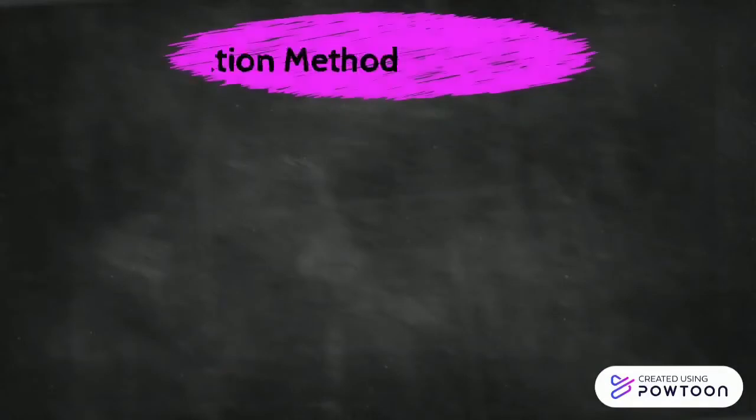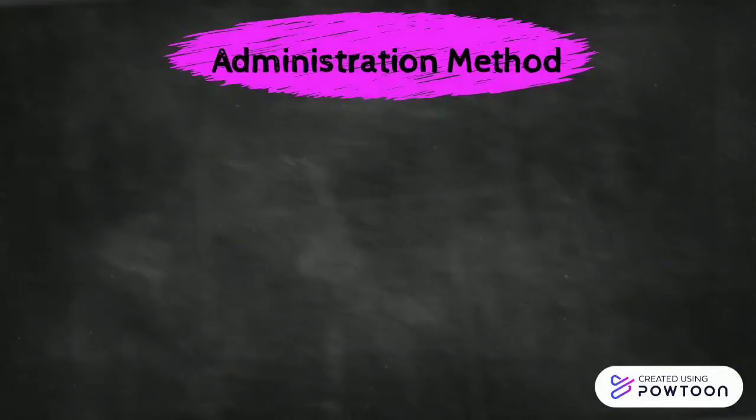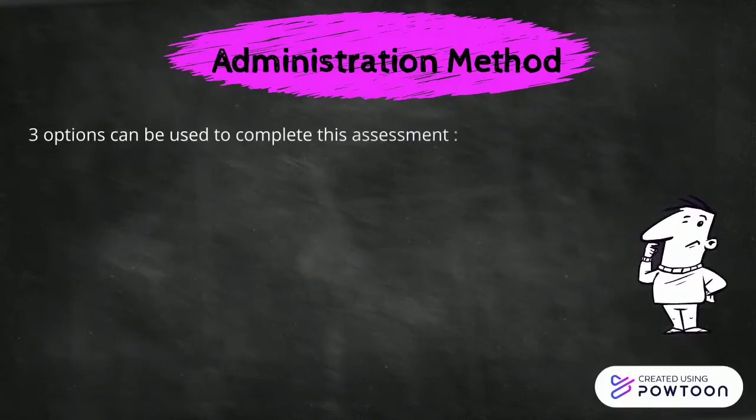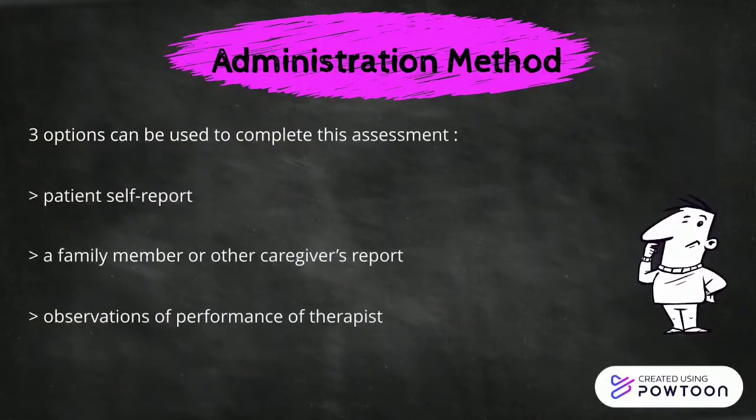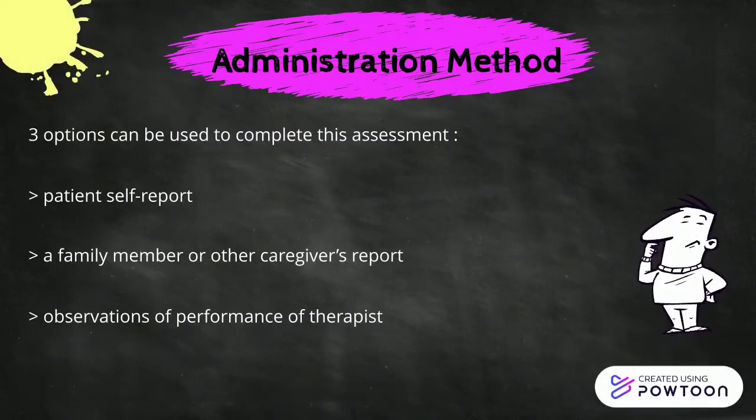There are three methods that can be used to administer this assessment, which are patient self-report, a family member or other caregiver's report, and also the observation of the performance by the therapist.